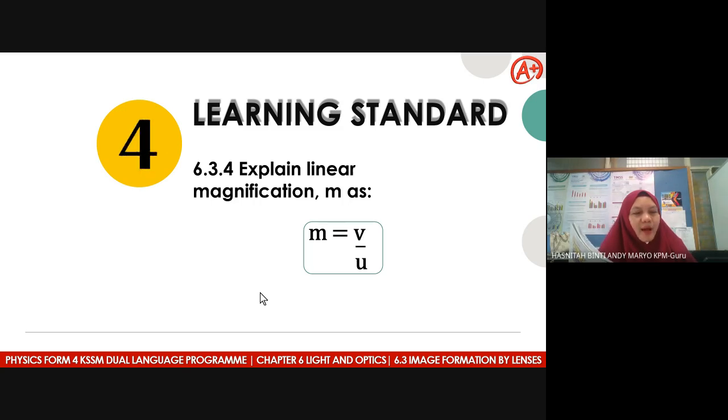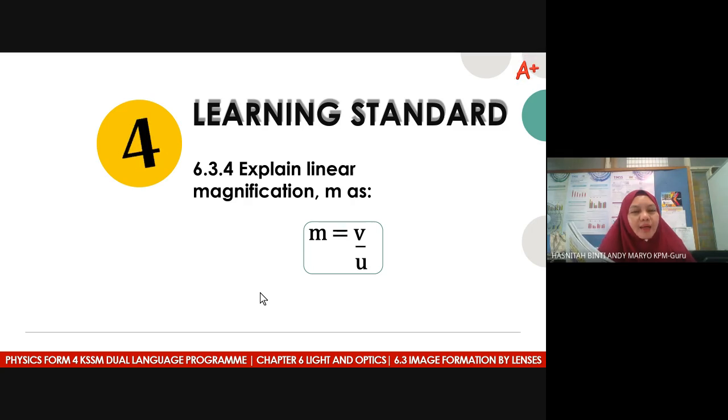So you can see there are 1, 2, 3, 4, 5 parallel light rays directed to both concave and convex lenses. So what happens to all these 5 rays after passing through the lenses? So you need to draw the ray diagram.